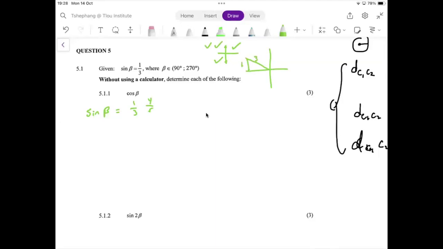So for us to find x, we know that x is equal to 3 squared minus 1 squared, right? Plus or minus. So this will be negative root of 8, or negative 2 root 2.